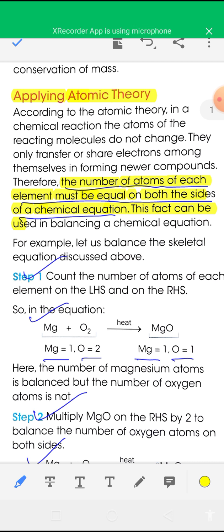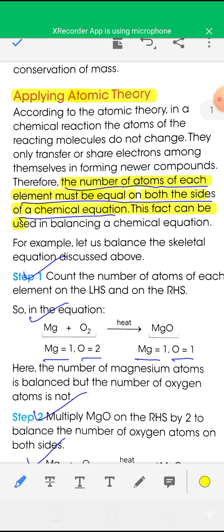And in a chemical equation or chemical change, the number of atoms of each element must be equal on both sides of the equation. That is, on both sides of the arrow, the total number of each atom must be equal.